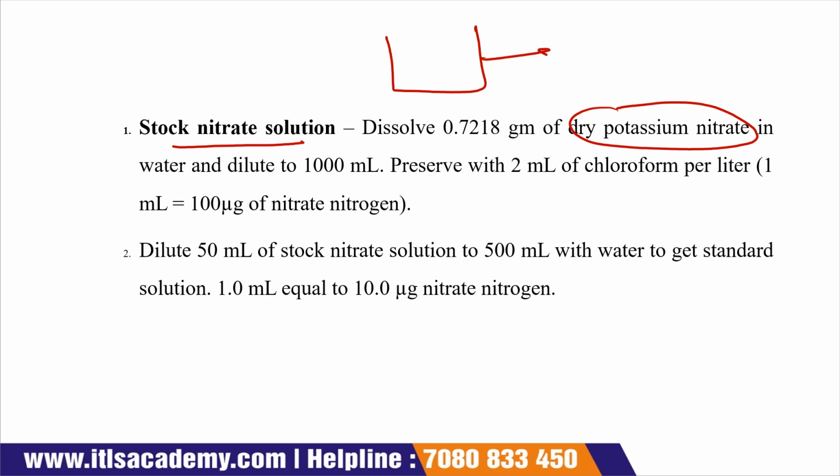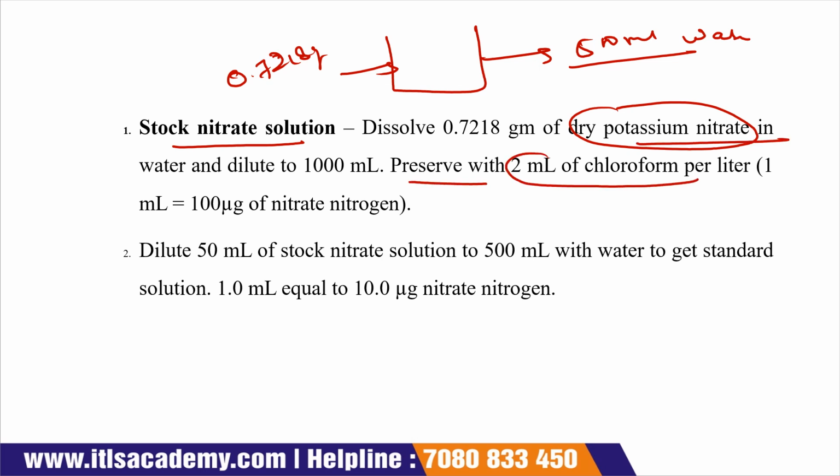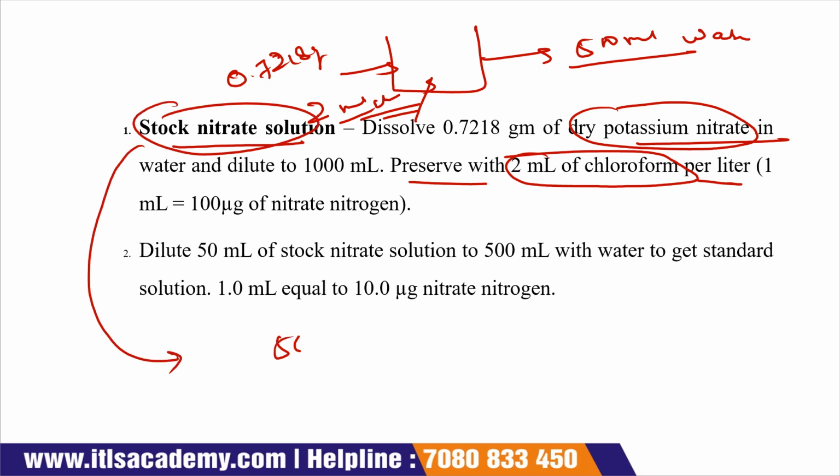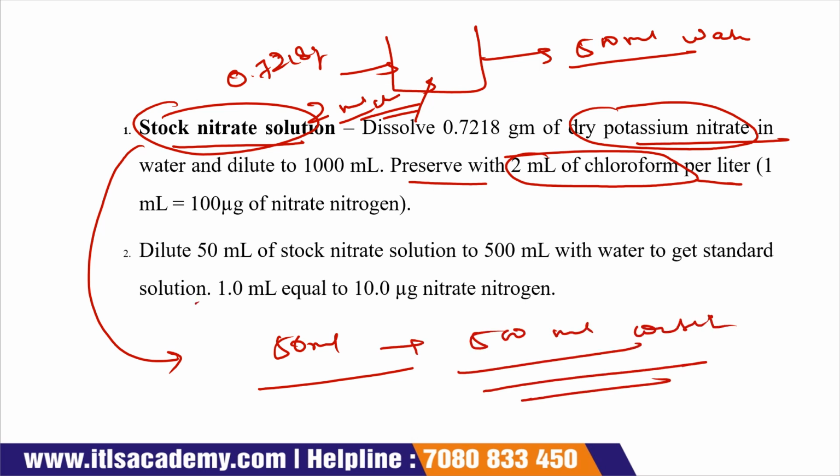Then we take 500 ml of water, and into it we add 0.7218 gram of dry potassium nitrate, and then preserve with 2 ml of chloroform per liter. Then we add 2 ml of chloroform. Now we dilute the stock solution of the nitrate. For this we take 50 ml of stock solution and then add water to make 500 ml. Then we get a standard solution of this.